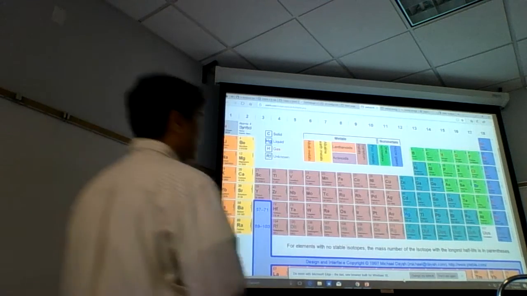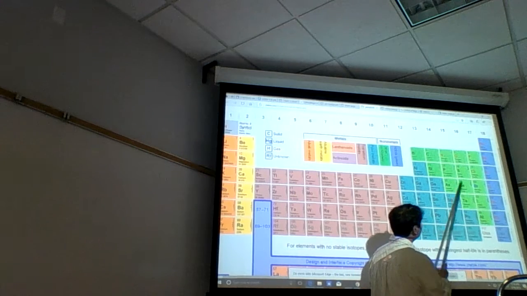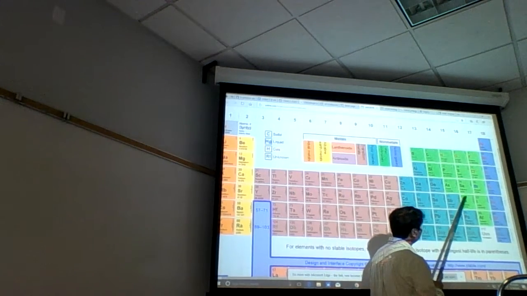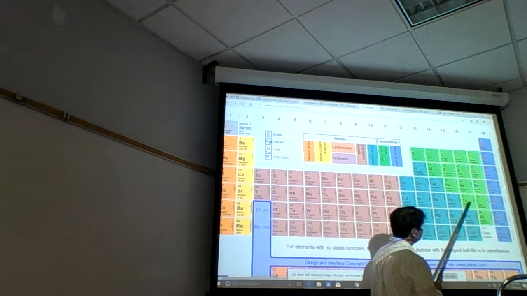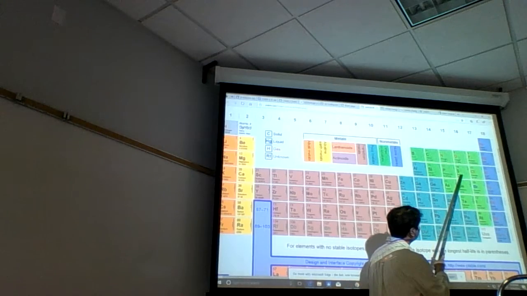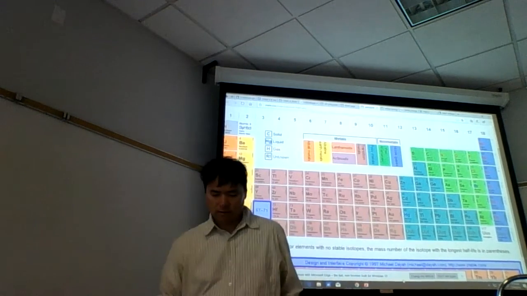If we look at tellurium versus selenium versus sulfur, which one of these three is most polar? I mean, has the most electronegativity? Tellurium, selenium, or sulfur? Sulfur. Sulfur is the most polar.